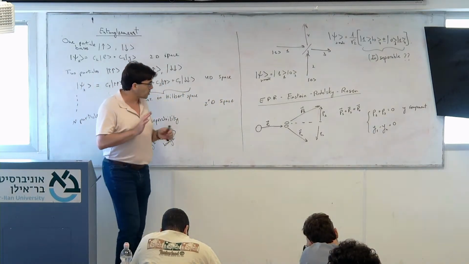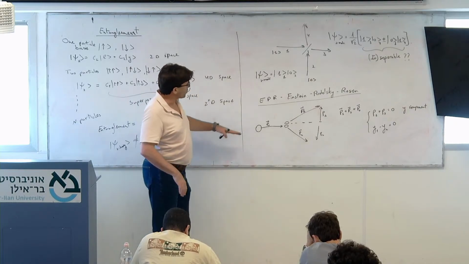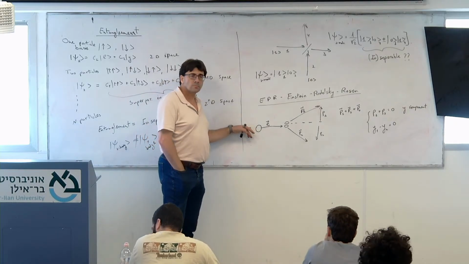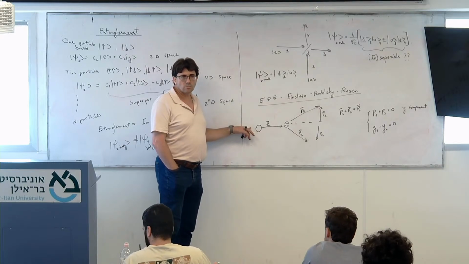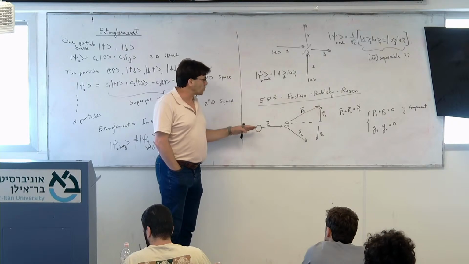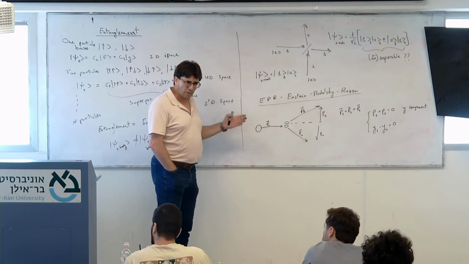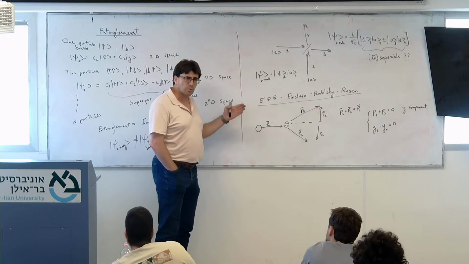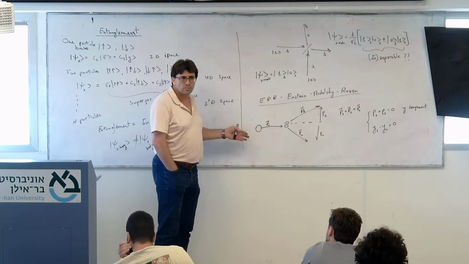What are we saying? Look, on this particle, I know its momentum. I know its momentum practically in all dimensions. So I know its P1, Px, Py, Pz, which means that I don't know where it is.